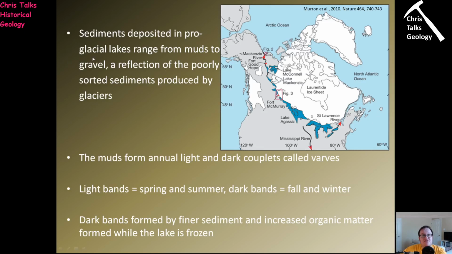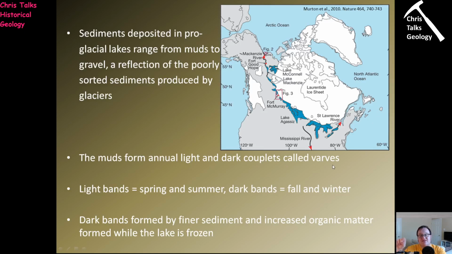So proglacial lakes will have sediments deposited in them directly from the glacier. So that means you will have a mixture of muds to gravel, so quite a big range of sediments, quite a poorly sorted range. Now the muds form what we refer to as bands which are light and dark, and they're called varves.